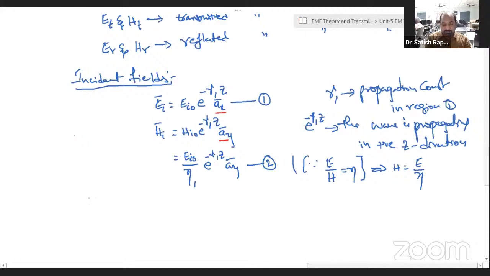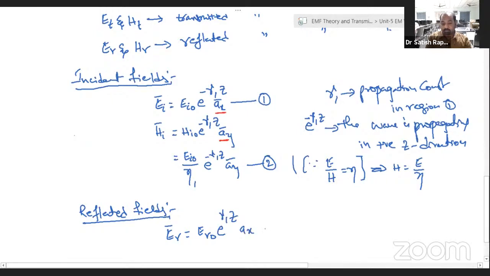And similarly, let us see the reflected fields or waves. The reflected electric field, Er bar, is equal to Er naught e power plus gamma 1 z, Ax bar. This is equation 3.